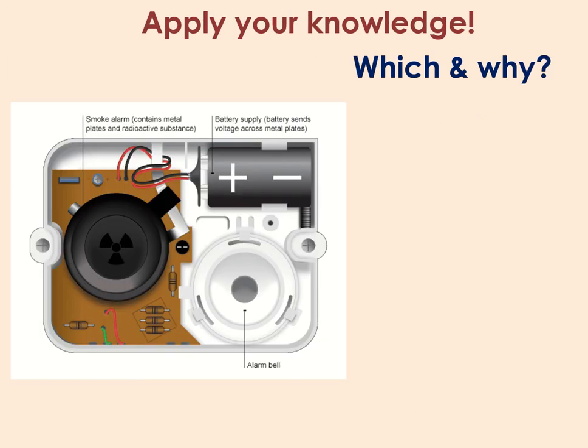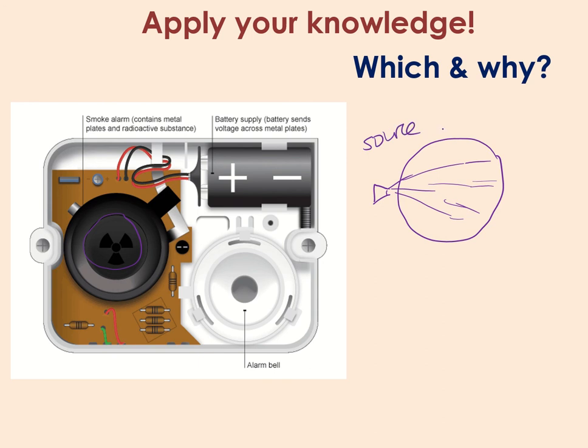This is quite a common exam one, which is a smoke detector. I'm going to explain a little bit how it works. So you've got the radioactive source here, okay, that is giving out radiation, and then you have a chamber of air, so source, and then the chamber of air under normal circumstances, and then over here the detector.